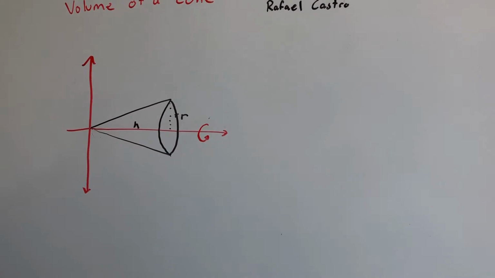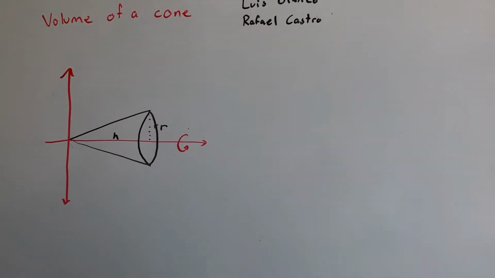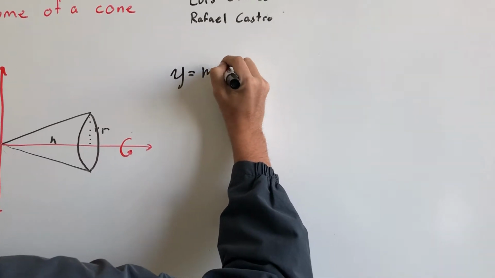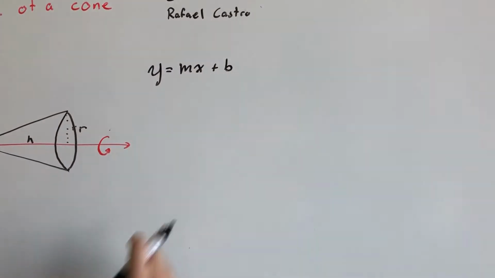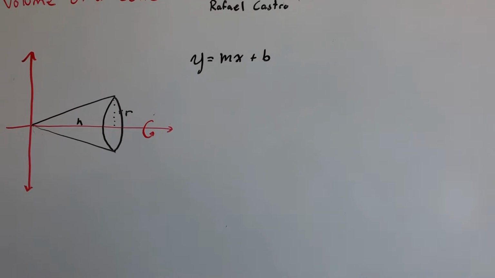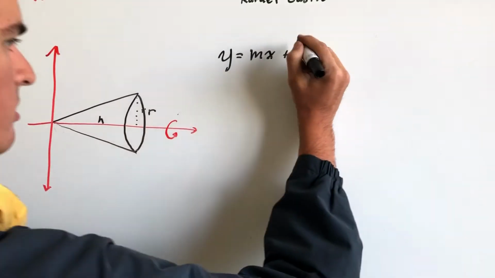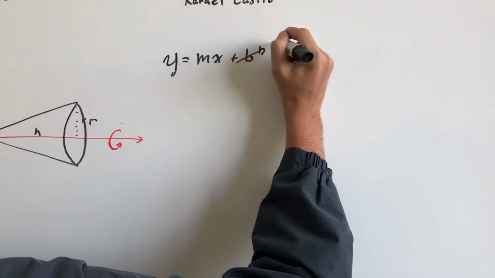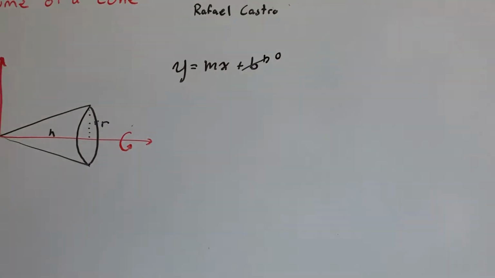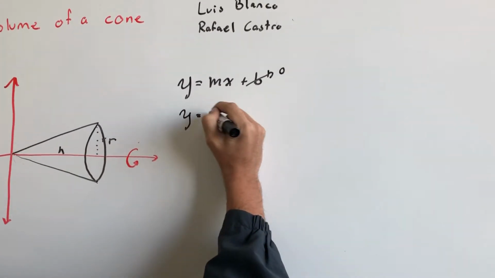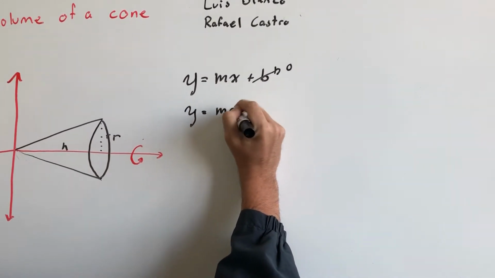Right, now we know that the equation of a line is y equals mx plus b, where m is the slope and b is the y-intercept. Here, as the y-intercept is equal to 0, we can just get rid of the b. So we have the equation y equals m times x.